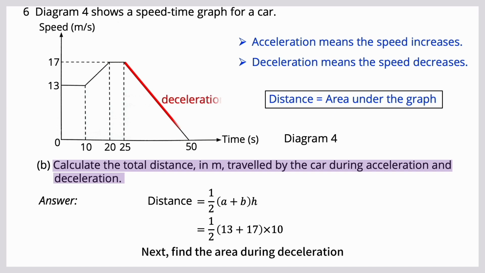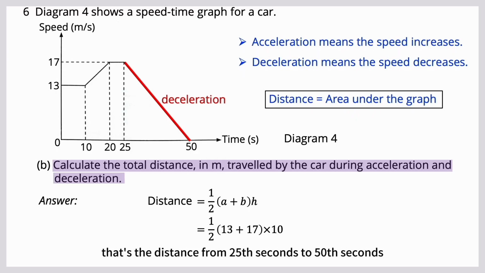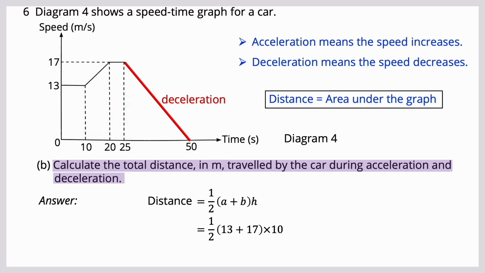Next, find the area during deceleration. That's the distance from 25 seconds to 50 seconds. The graph forms the shape of a triangle, with the height of 17 and base of 25.